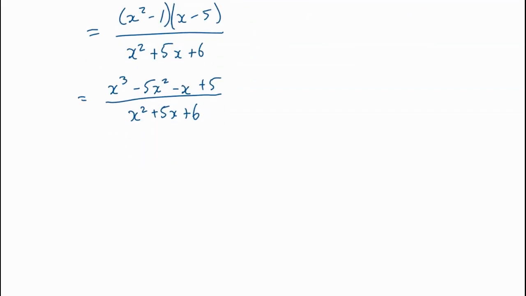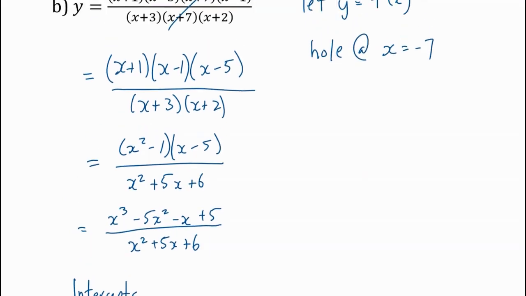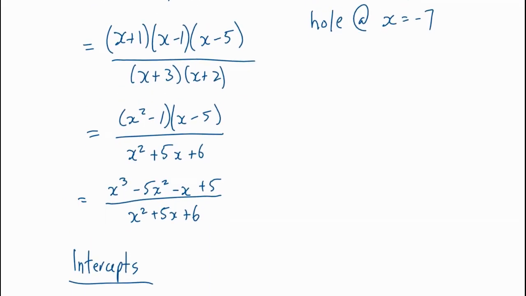All right, let's get into it. I'm going to move through this one a little bit faster. X-intercepts come from the factored form, plus minus 1 and 5.